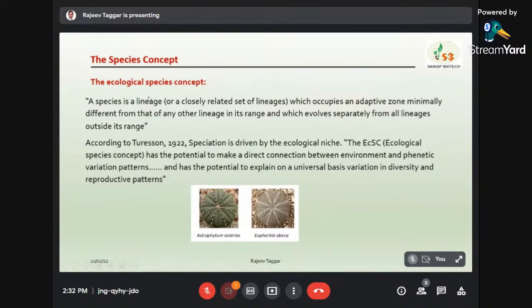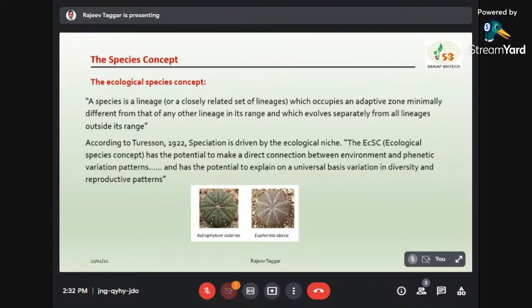Now the ecological species: this is another concept. By this time we already know that we cannot depend on morphological characters as the criteria for delineating a species. We also cannot depend on the biological species concept. We cannot say that if individuals within a population can interbreed freely and produce fertile offspring, they belong to the same species.